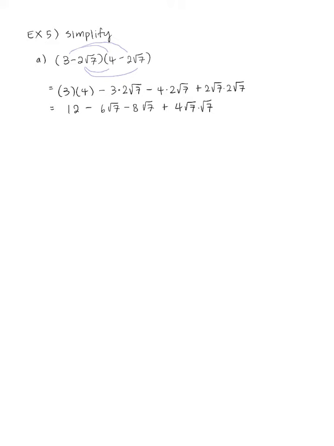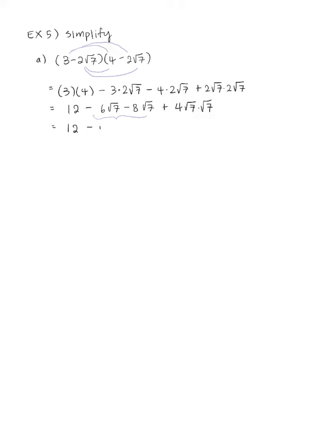Again, I'm doing this step by step. So here we're going to have 12, and then we can combine minus 6 square root of 7 minus 8 square root of 7. So how many square root of 7s do we have? Well, it's the same thing as minus 6 minus 8, which is minus 14.